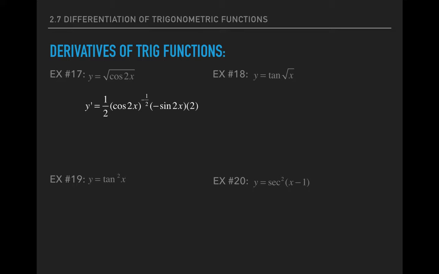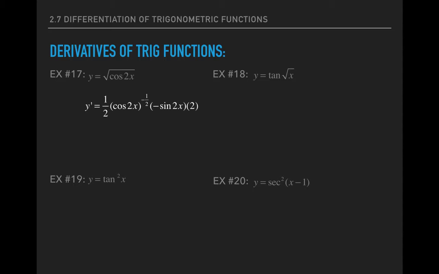Now, looking inside that inside function, cosine 2x, we can take the derivative of that. It would be negative sine of 2x, and the 2x is actually a function inside of that. So you would take the derivative of 2x, and it would be 2.